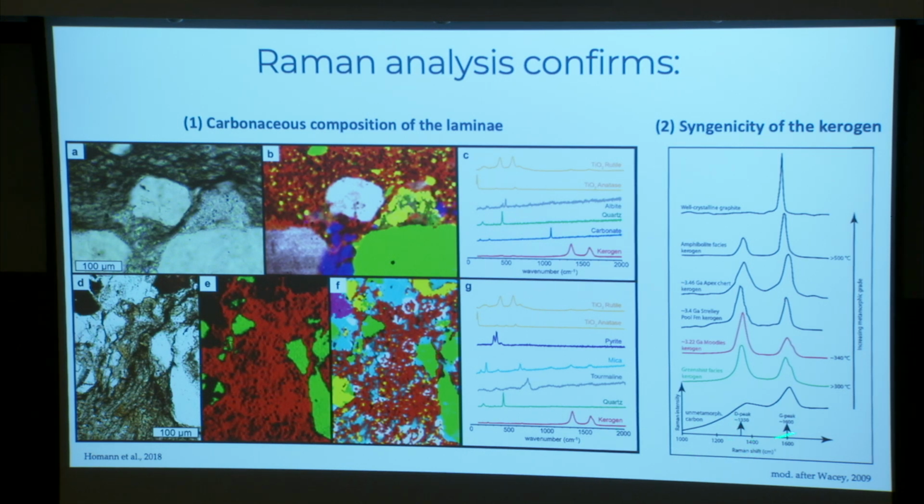So you have these D and G peaks, and if you increase the temperature, these peaks will change until you end up with graphite. The Moodys Group has greenschist facies features. These rocks have seen 340 to 360 degrees, which is also the peak temperature the organic carbon has seen. So it's really proof that they are syngenetic and have not entered the rock at a later stage.